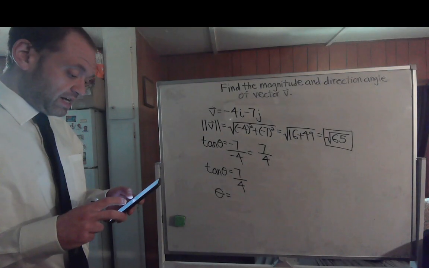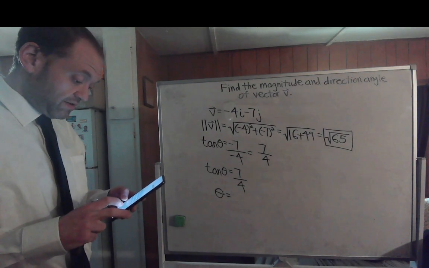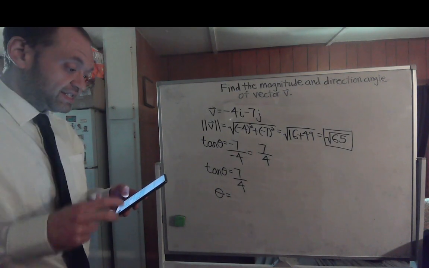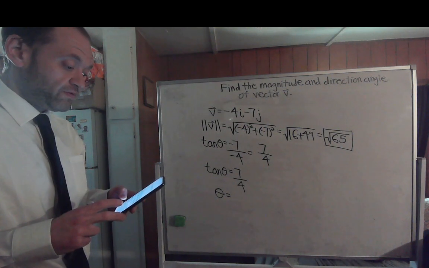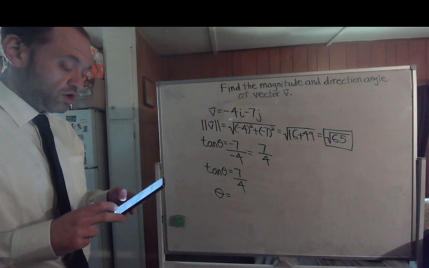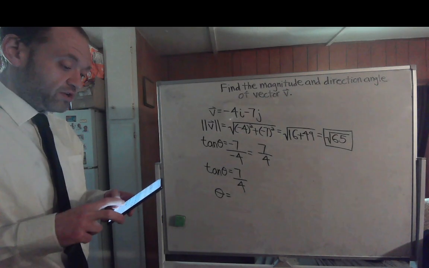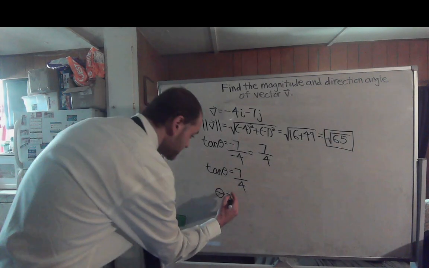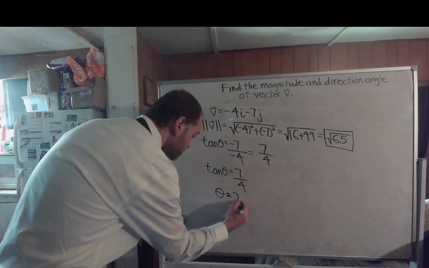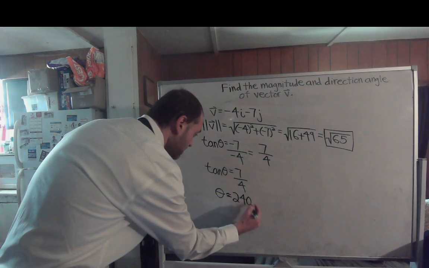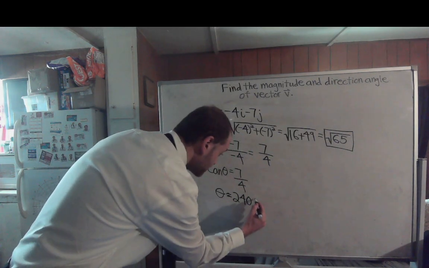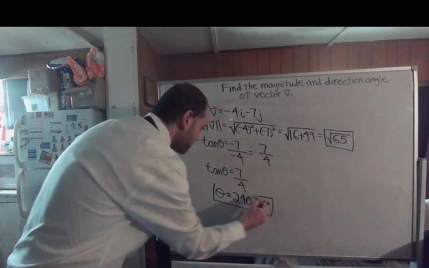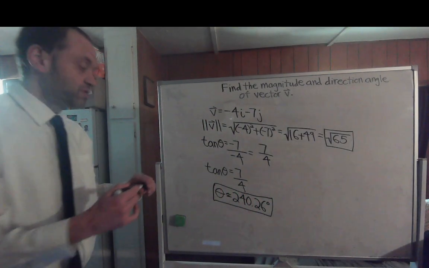So if you take the inverse tangent of 7/4, you initially get 60.255118, and so on. But if you add 180 to that to get the third quadrant, you get approximately 240.26 degrees. Not a reference angle, a direction angle, excuse me.